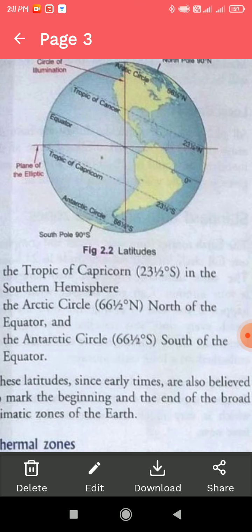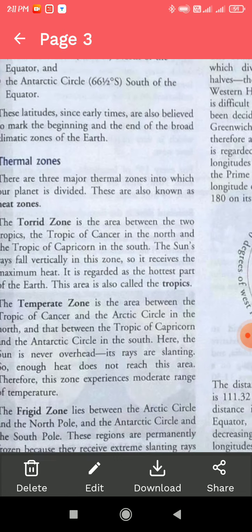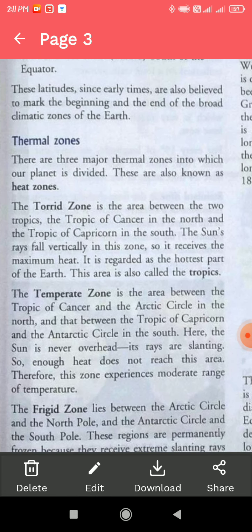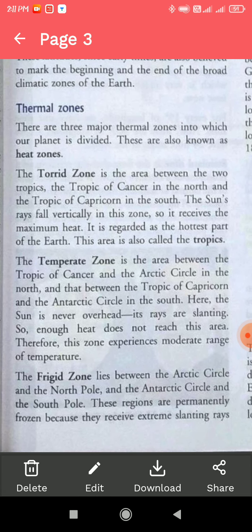Now the next point we will discuss: we will come to know how we will be able to know the climatic zones of the earth, that is, thermal zones. There are three major thermal zones into which our planet is divided. These are also known as heat zones. The three zones are torrid zone, temperate zone, and frigid zone.